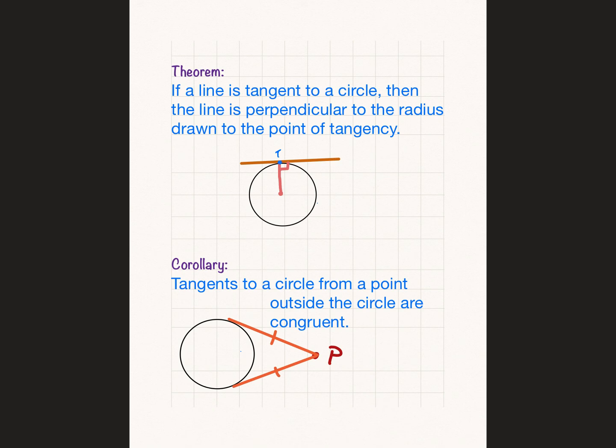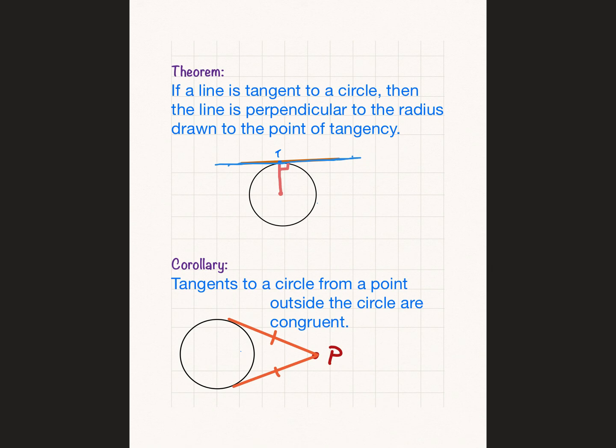We have a couple of theorems too. The first theorem, and there are no names for these theorems, we just go with what they say, and we can abbreviate as long as we don't lose the meaning of the theorem. Remember that. If a line is tangent to a circle, then the line is perpendicular to the radius drawn to the point of tangency. So we have this line right here, that is the tangent.